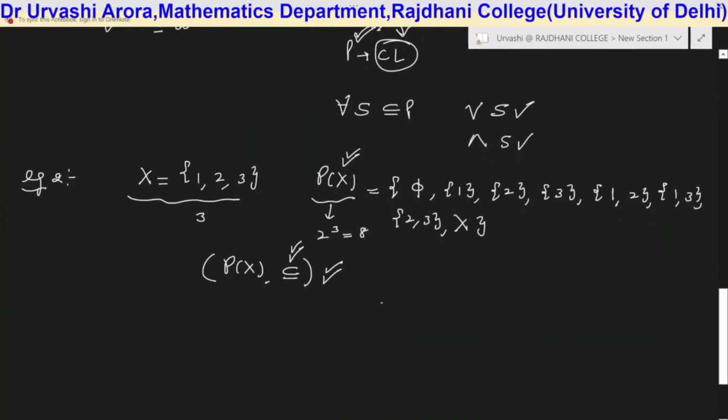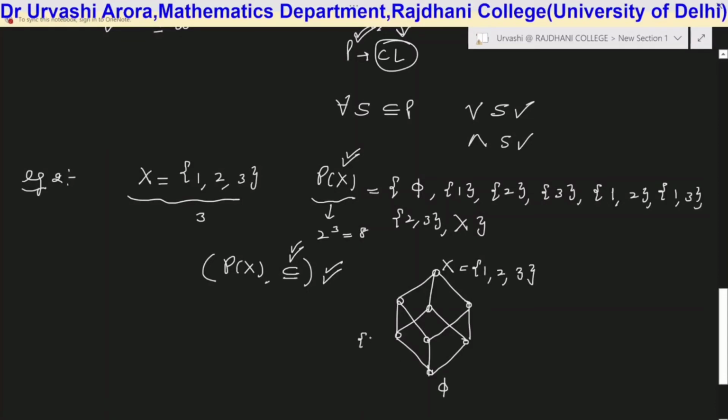Also we know that the Hasse diagram of the power set of X can be expressed in the form of a cube, which again was discussed in detail in my earlier videos. So this is how the Hasse diagram of the power set of X looks, where at the top we have the whole set X, which is the set {1,2,3}, and at the bottom we have the empty set or the null set phi.